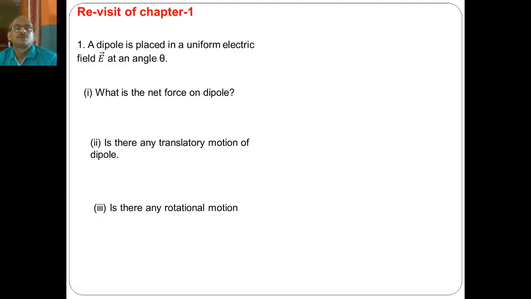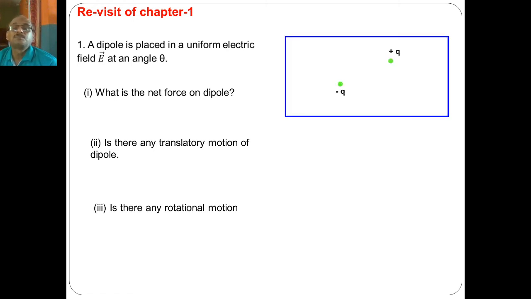First, revisit chapter 1. A dipole is placed in electric field E at an angle theta. See the diagram here. A dipole of length 2L is placed in an electric field at angle theta.